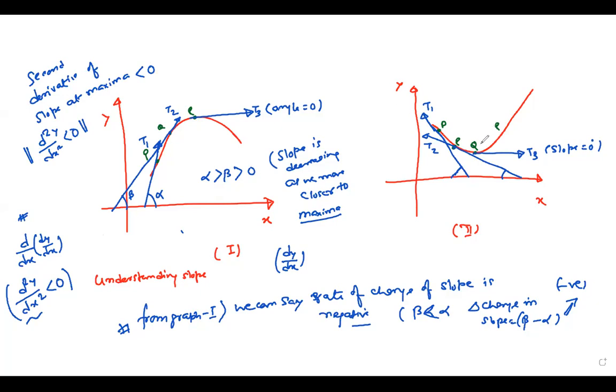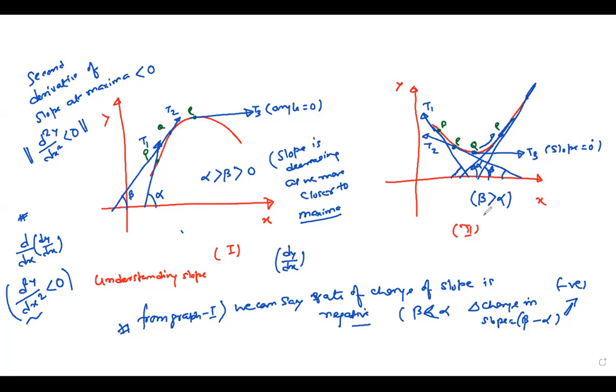Now see here. Suppose we are moving from minima to higher up. Now suppose this is the slope. This is again a tangent. And suppose this, and this is alpha, this is beta. So here you can see beta is greater than alpha.